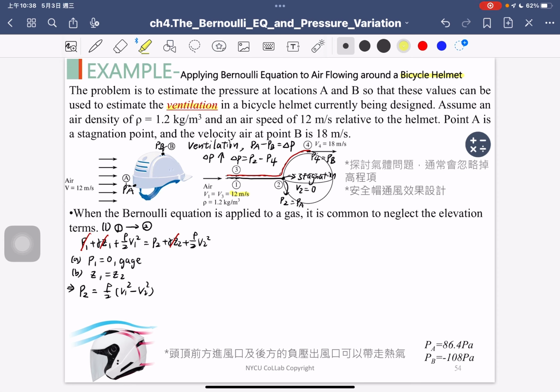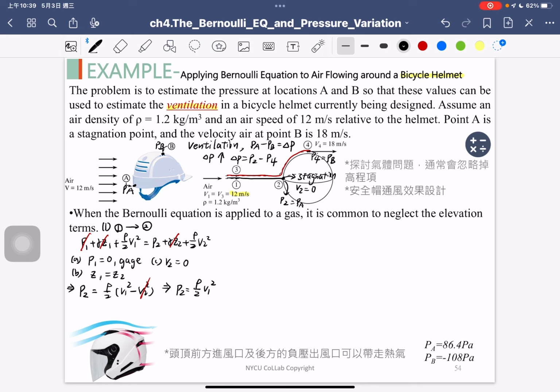As I mentioned, V2 is at a stagnation point, so we have condition C. We don't have a V2 velocity because the point here is a stagnation point. So finally, P2 will equal (1/2)ρV1².